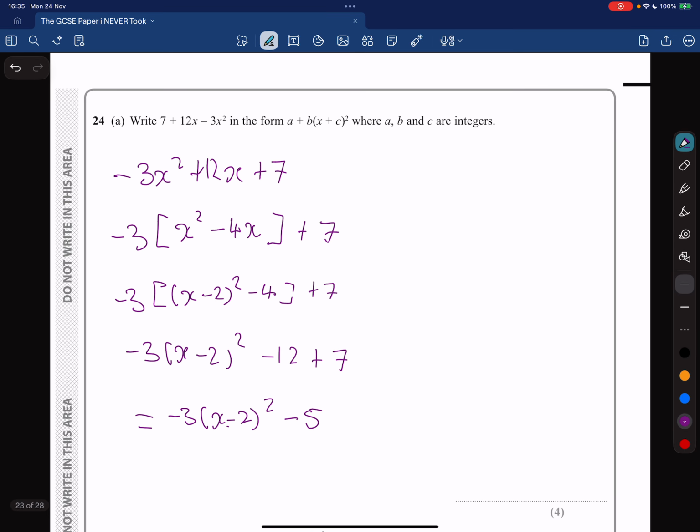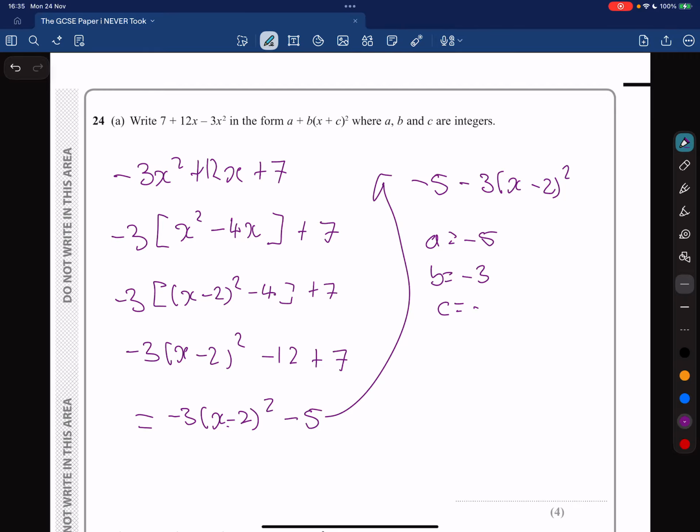We want it in this form over here. So we've got minus 5 plus b, well, it's minus 3 times x minus 2 squared. So we've got a is equal to minus 5, b is equal to minus 3, c is equal to minus 2.